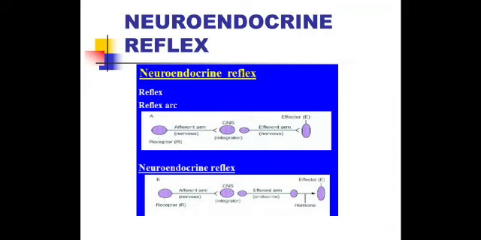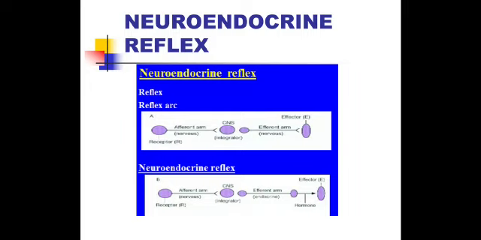Both the milk ejection reflex and the parturition reflex are called neuroendocrine reflexes because it's a reflex in which the nervous system and endocrine system interact in bringing about the reflex.